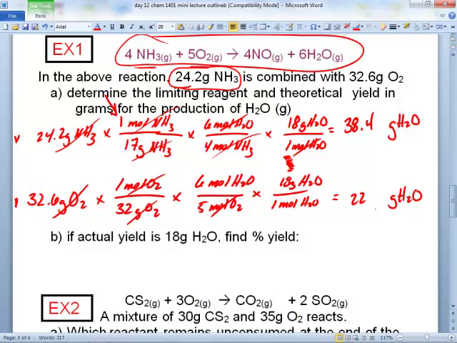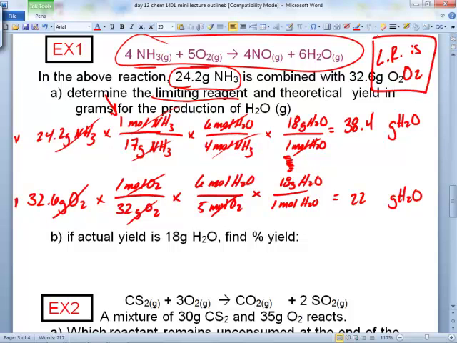Anyway, Alyssa, we're supposed to determine the limiting reagent. So what is the limiting reagent now? It's the O2, right? Limiting reagent, you have to pick a reactant. It's the one that gave you the smallest answer, so it's going to be the O2. Where can we write that, I guess? Limiting reagent is O2.